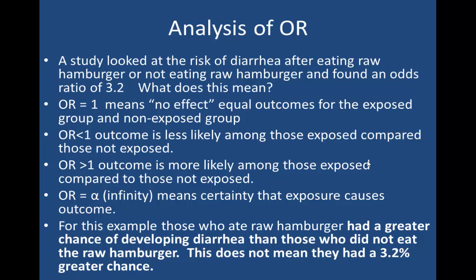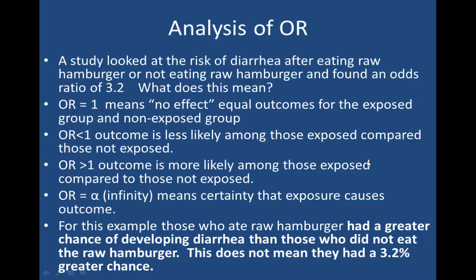How about an odds ratio of only 1.02? It would be correct to say there is a slightly higher chance of developing diarrhea after eating raw hamburger than those who did not eat raw hamburger. So for this example, those who ate raw hamburger had a greater chance of developing diarrhea than those who did not eat raw hamburger.